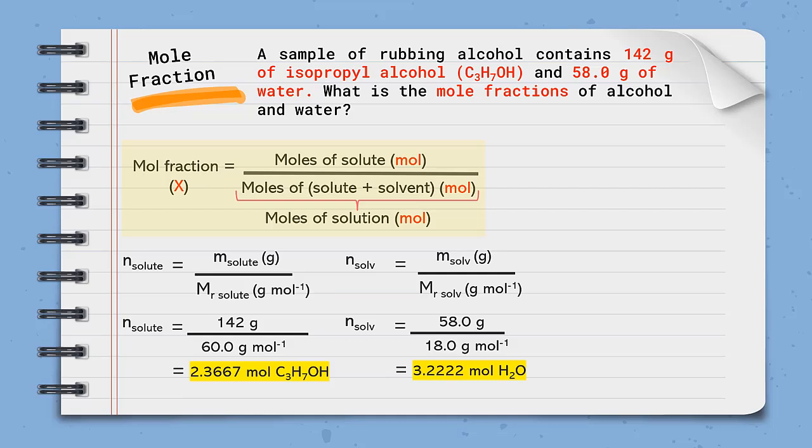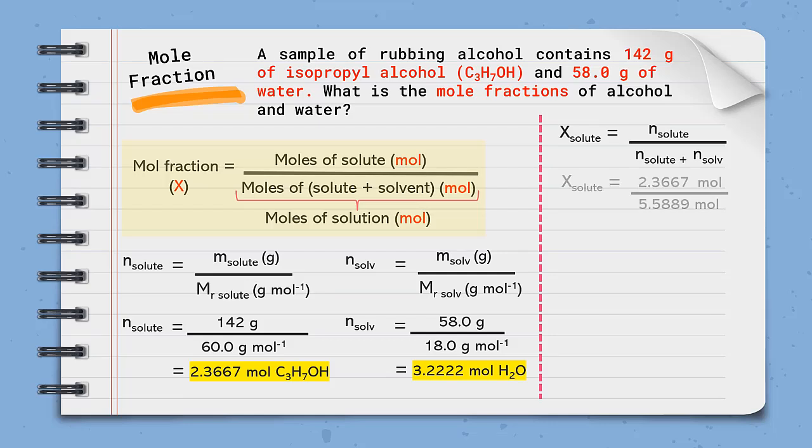Now the question wants the mole of solution. So you must add these two to become the denominator for both cases. For your mole fraction of solute, you can change it to the mole fraction of solvent as well, as asked by the question. So now we're going to substitute. As for the mole fraction of solute, the mole of solute becomes the numerator.